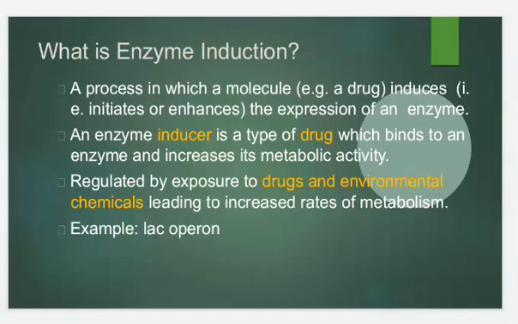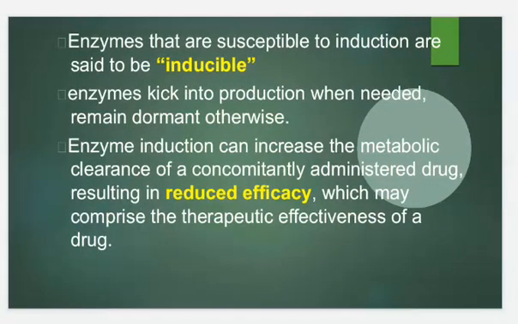An example is the operon. The enzyme inducer is a type of drug which binds to an enzyme and increases its metabolic activity. It is nothing but the mechanism of enzyme induction. Enzymes that are susceptible to induction are said to be inducible.